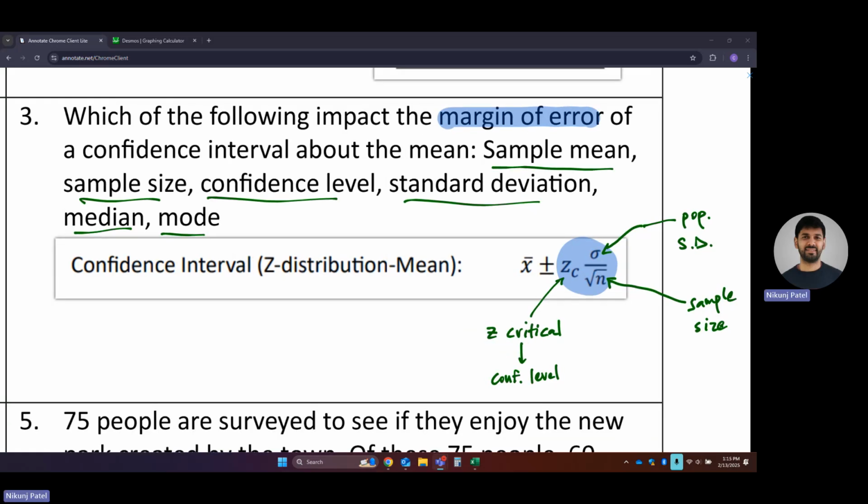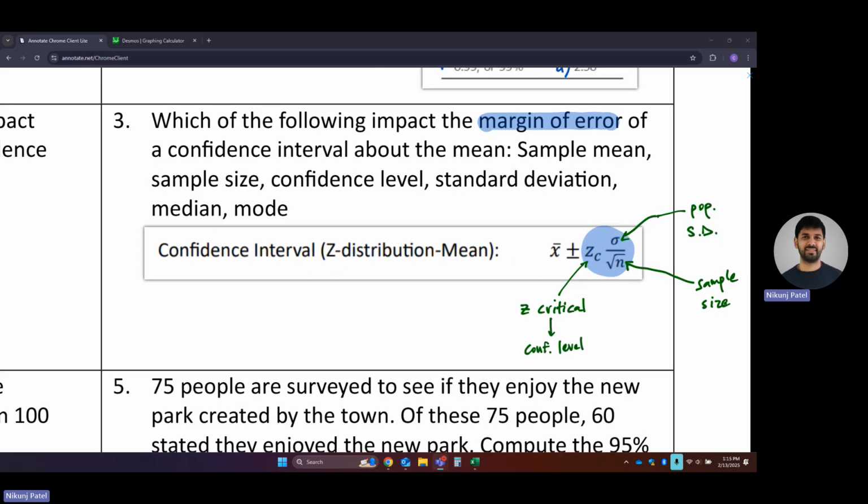So to answer this question, I'm just going to highlight the ones that would be part of the answer to this question. Oh, I also forgot to mention the sample mean is right there, X bar. So I'm not going to highlight that.